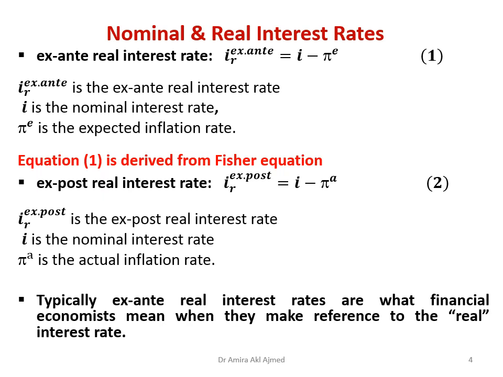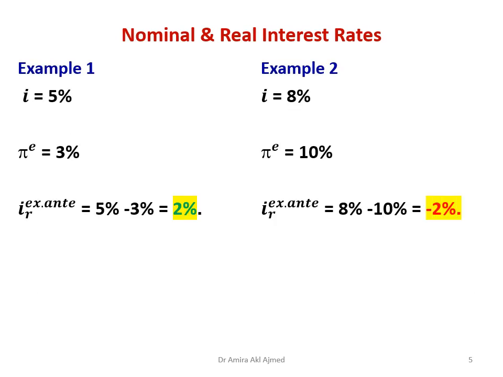The ex-ante real interest rates are most important to economic decisions. Typically, they are what financial economists mean when they make reference to the real interest rate. To recognize the importance of taking expected price changes into consideration when making financial decisions, let's consider the following two examples.